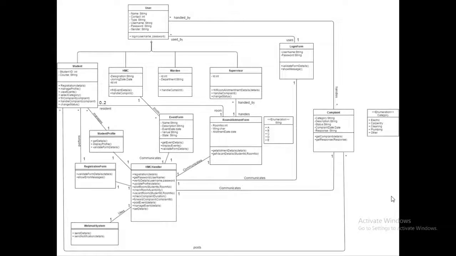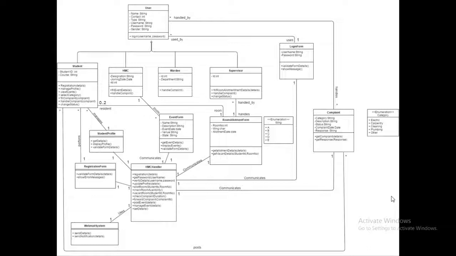Here the main class is user, that is the generalized class of student class, supervisor class, HMC class and warden class. We are putting one common controller class for whole system, that is HMC controller, because all the users need to log into the system before performing any activity. So user class will use the login form class.